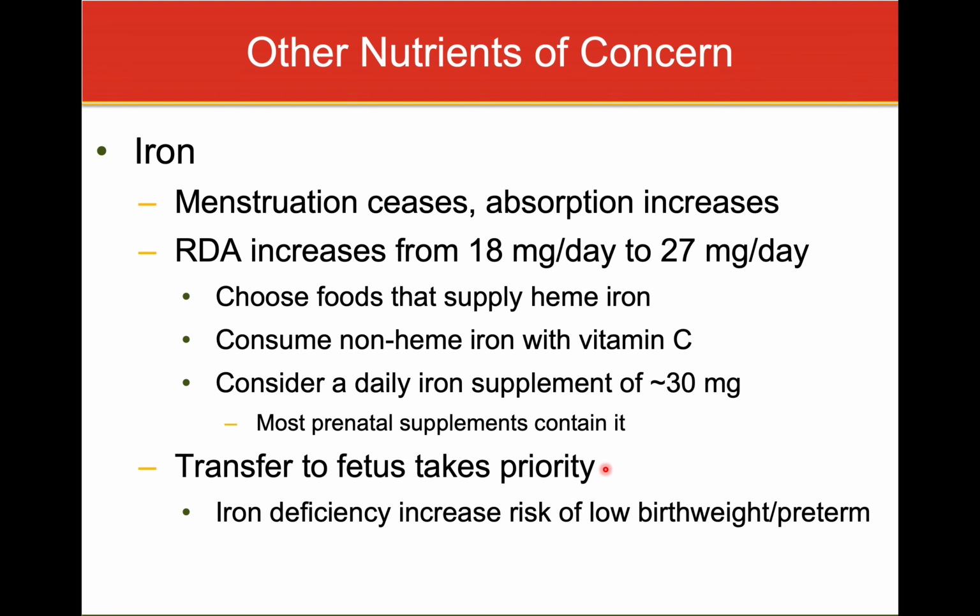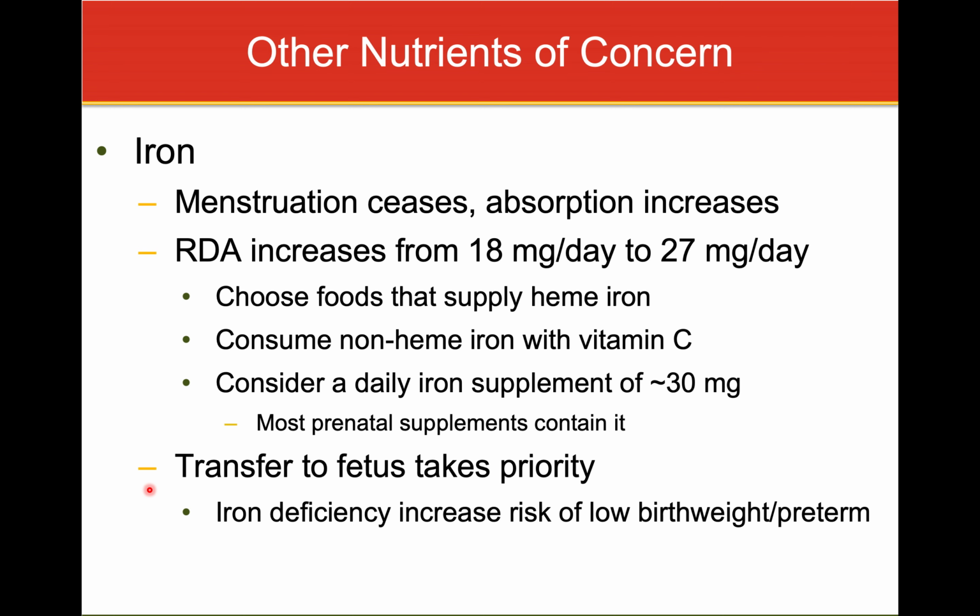Now, for each of these nutrients, as I alluded to with calcium, the transfer to the fetus is going to take priority. So you're going to give your iron, you're going to give your calcium to the fetus, and that's going to come at the dismay of the mother.